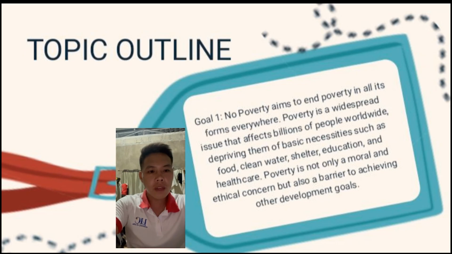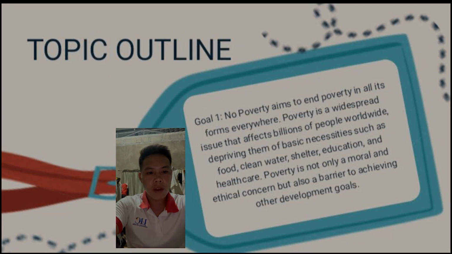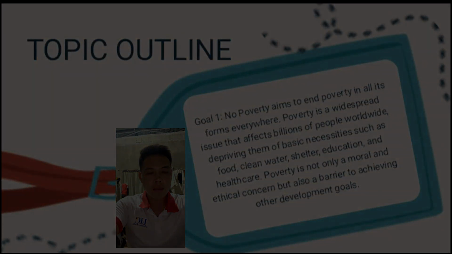Poverty is not only a moral and ethical issue, but it also stands in the way of accomplishing development objectives. The introduction lays the groundwork for a more thorough examination of issues and potential solutions surrounding the global fight against poverty.